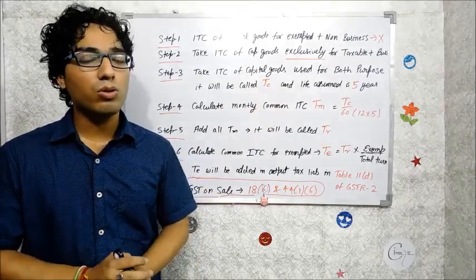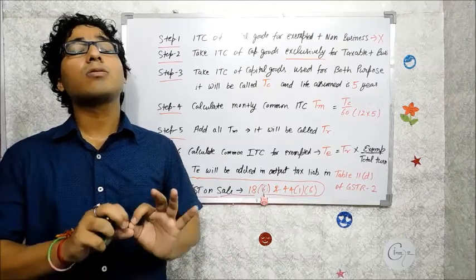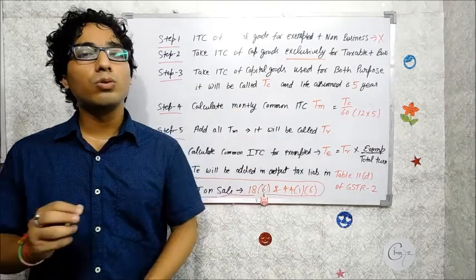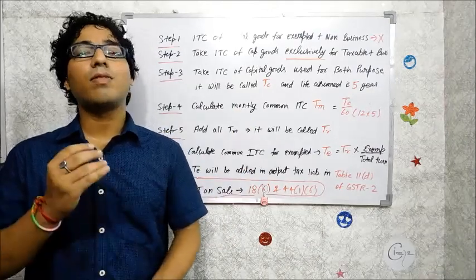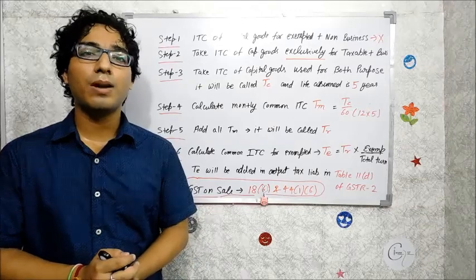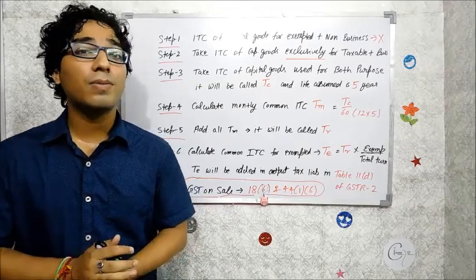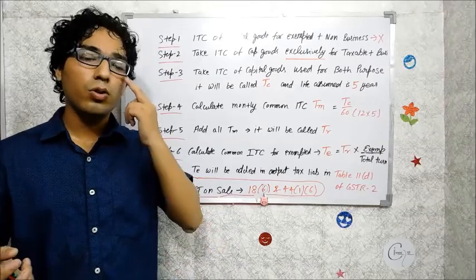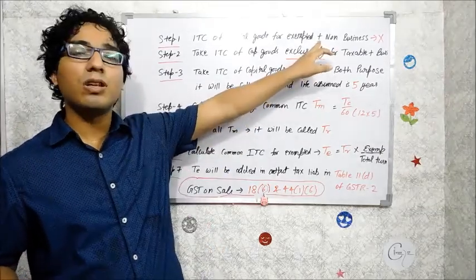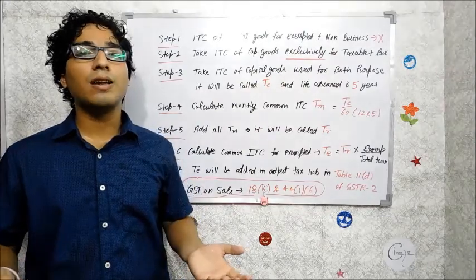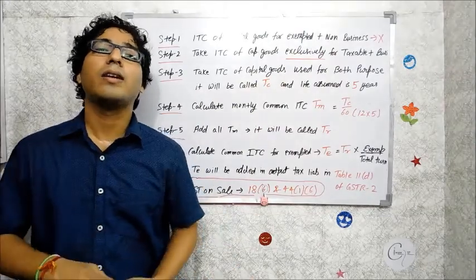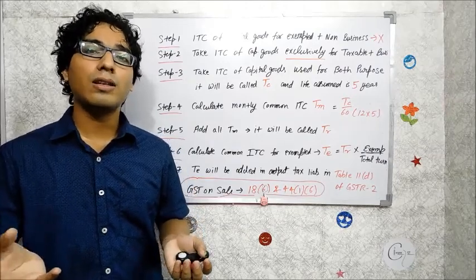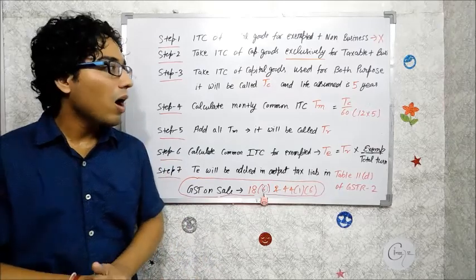So those capital goods which were earlier used exclusively for exempted supply, but are now used for both exempted and non-exempted purposes, how will the input tax credit be taken? At the time of exclusive use for exempted supply, no input tax credit can be taken, but now you are transferring it into both uses. So obviously you now have to take some amount of input tax credit. How will it be calculated?